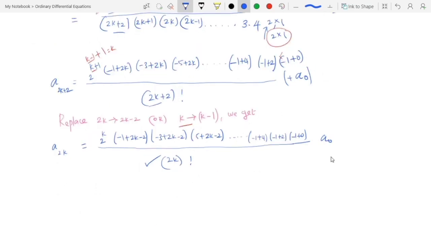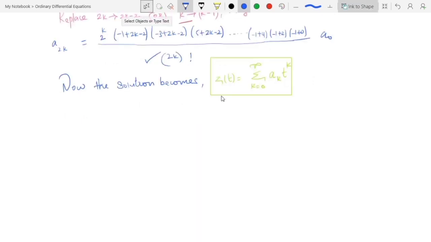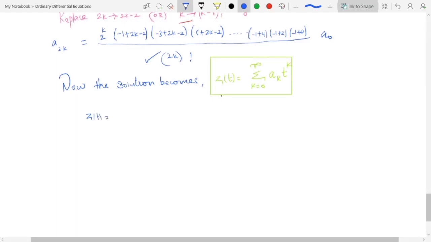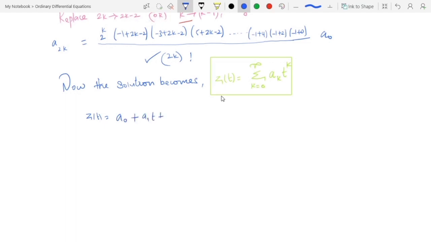Our aim is to obtain the solution, which is already assumed as z of t is equal to summation k equal to 0 to infinity a k into t power k. That is, z of t is equal to, expanding the summation, a0 t power 0, that is 1, a1 t plus a2 t square plus a3 t power 3 plus and so on.